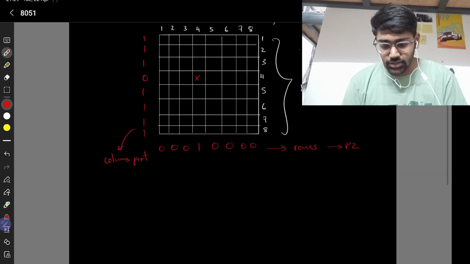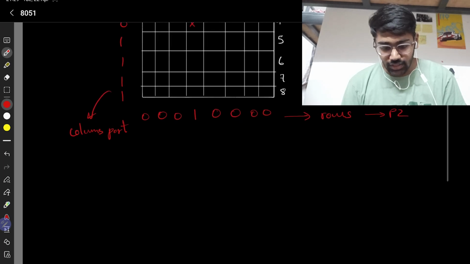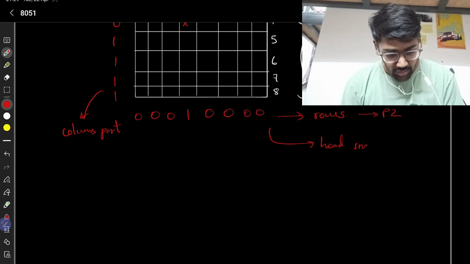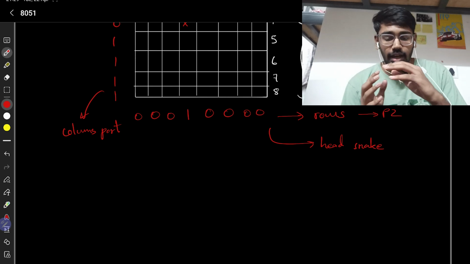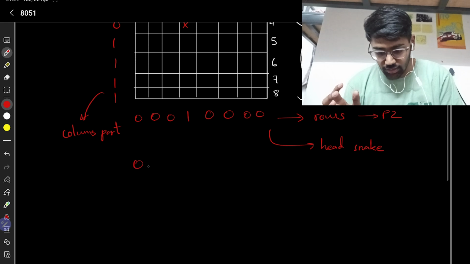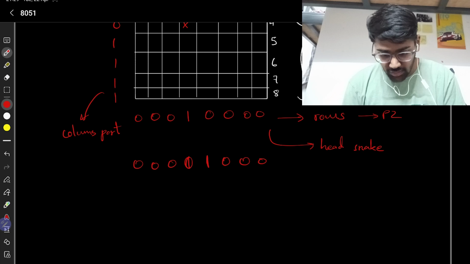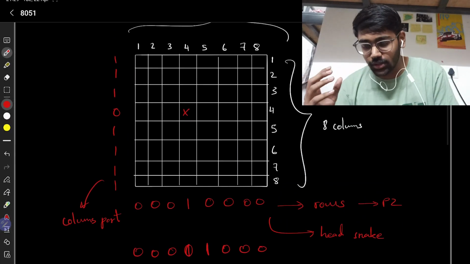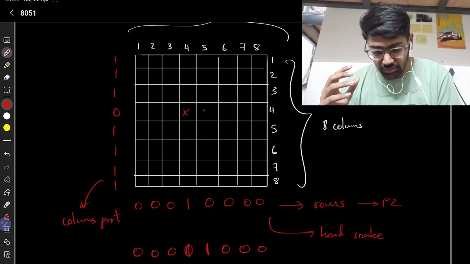We can use this trick to do something more, for example, let this be the head of the snake, and let's say we have the next part of the snake, which is next to the head, 0 0 0 1 0 0 0 0, and let it be in the same column, so the second LED is located in this position.